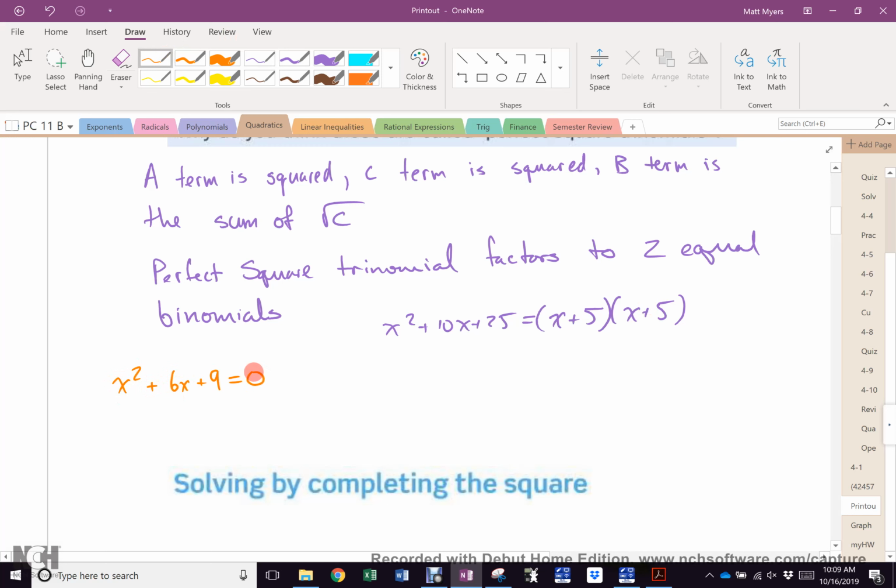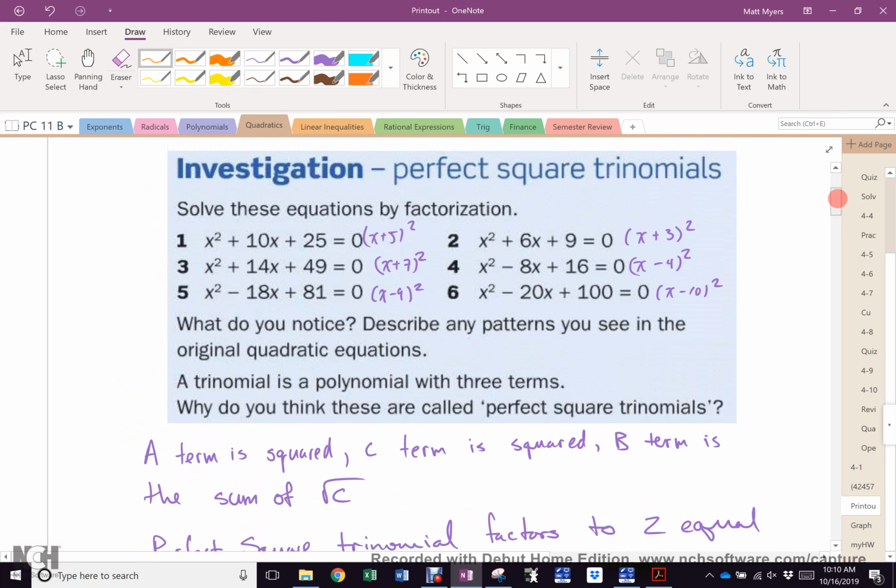What change does that make? X is going to equal something now, right? So it is x plus 3 and x plus 3 equals 0. So what does x equal? Negative 3, right? Now, I want you people to notice something.